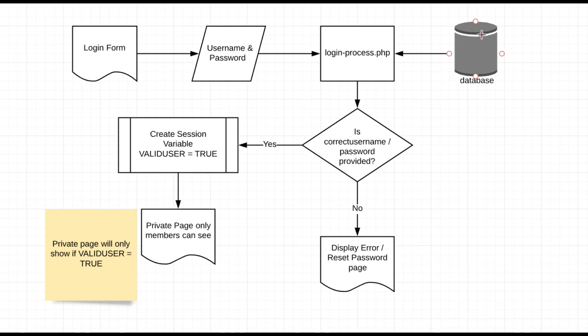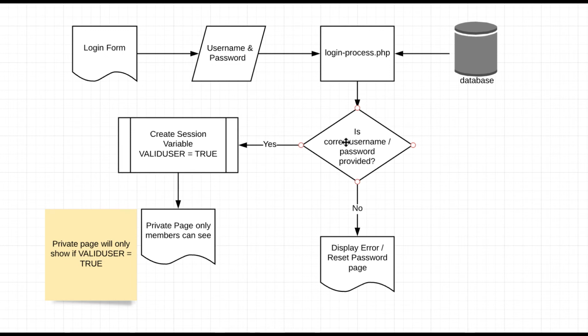Now we'll get into the specifics of how we can do this securely later on, but just imagine for now that the password is being pulled from the database into this PHP script, the correct password I should say, and then the password a user gives in the form is coming from over here. Now this script then needs to do a comparison.